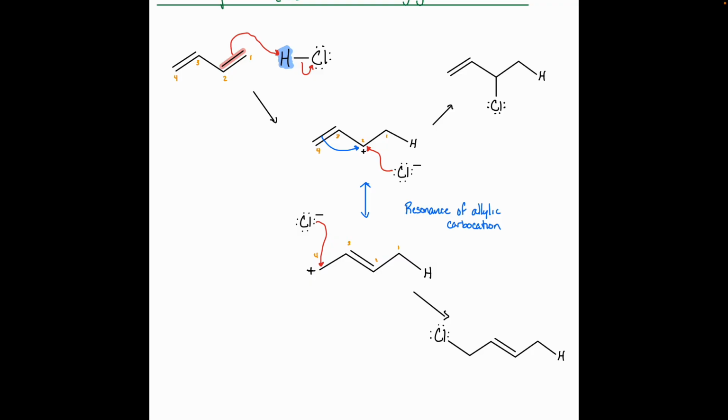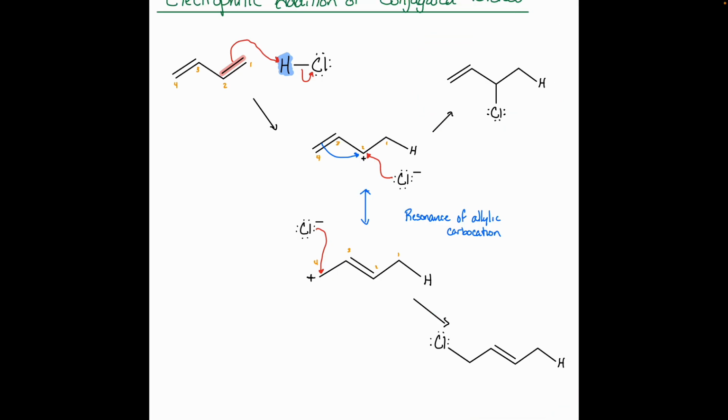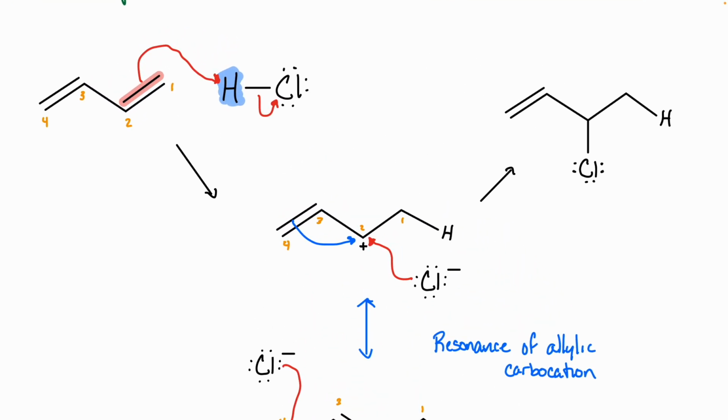So we have two possible products in this electrophilic addition of conjugated diene. The first, exactly what we would expect based on the reaction of alkenes, and the second one that results as a consequence of the resonance of that allylic carbocation. All right, again, just kind of looking at my numbering.